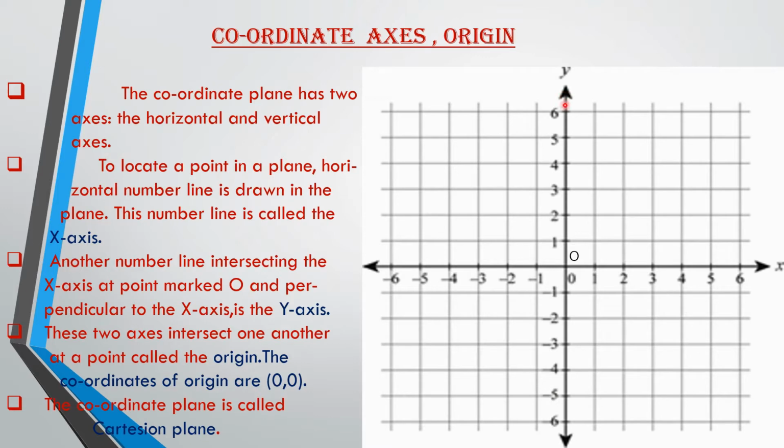The x-axis and y-axis intersect one another at a point called the origin. The coordinates of the origin are 0 and 0. This coordinate plane is called the Cartesian plane.